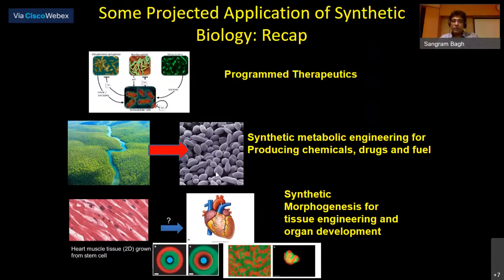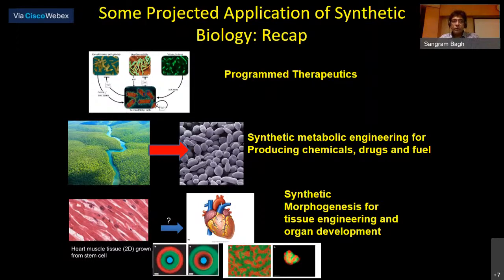We also talked a little bit about synthetic metabolic engineering, where the whole idea is that you take a pathway from another organism. That pathway may give very interesting chemicals for your use, and you put that whole pathway, or a part of it, directly into yeast or bacteria, which you can cultivate in a reactor in a controlled environment.